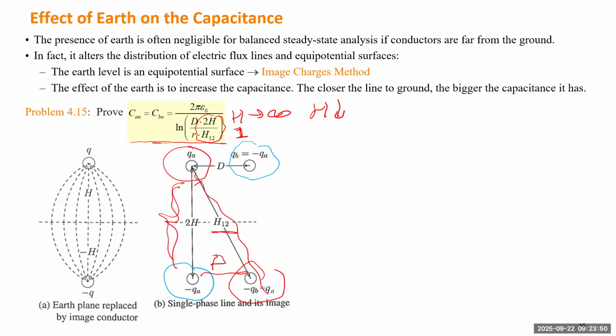So this one is actually cosine theta, right? If this is the cosine theta, this one will become smaller, and if this one becomes smaller, C will increase. So that's the reasoning behind the observation about the increase of capacitance of an underground cable. As we get closer to the ground, the capacitance will increase.